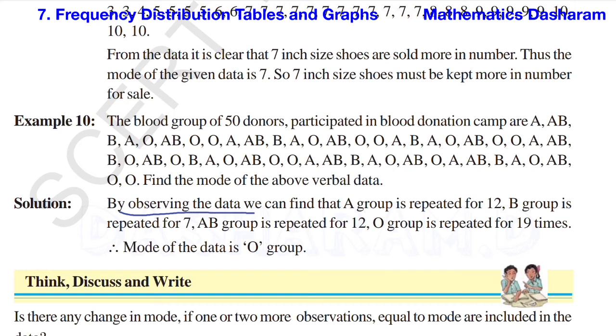By observing the data, we can find that A group is repeated 12 times, B group 7 times, AB group 12 times, O group 19 times. So the mode of the data is O group because O group is repeated more number of times compared with the other blood groups.